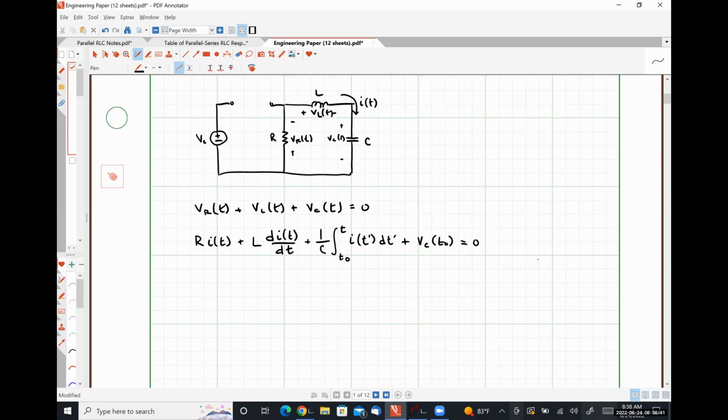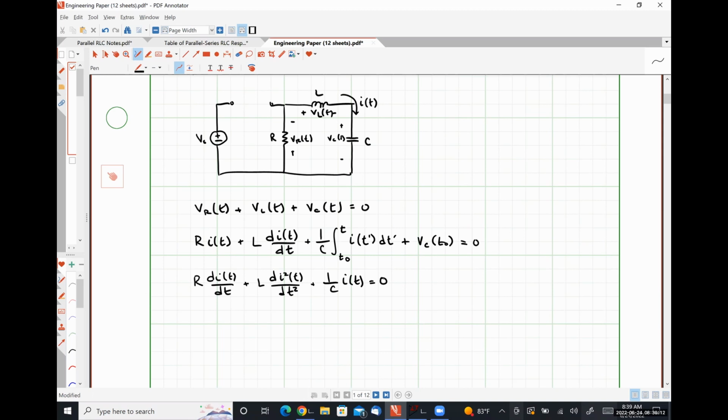So we're going to have R times di by dt plus L times the second derivative of i with respect to time plus 1 over C times the 0th derivative is equal to 0.